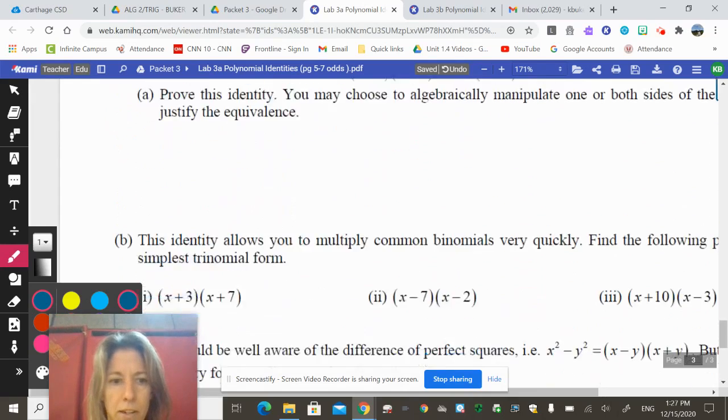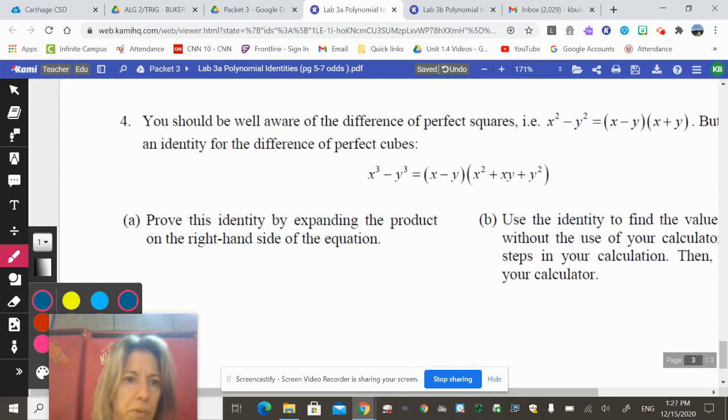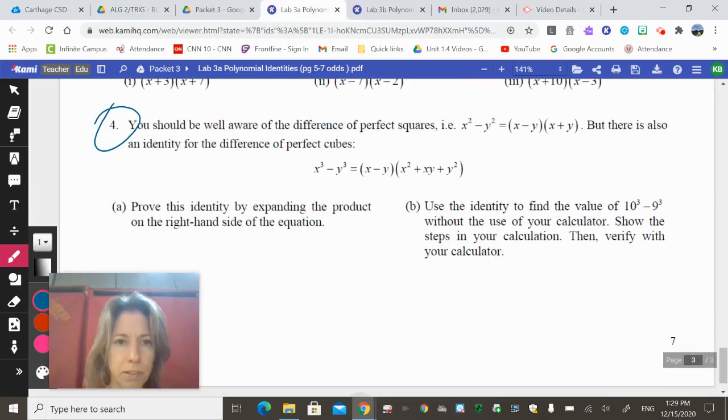Then we have this last number 4. It tells us we should be well aware of this. This is the difference of 2 perfect squares, and if we put it in factored form, it's conjugate pairs. We should be super familiar with this identity. But it tells us that instead of the difference of 2 perfect squares, there's also an identity for perfect cubes.